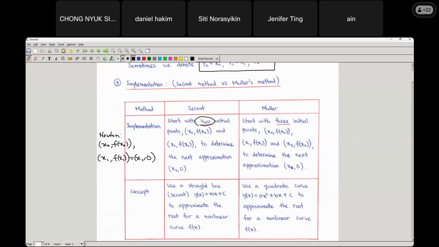So this is Newton's method. For the secant method, you have x0, f(x0), and x1, f(x1), and your f(x1) is not necessarily 0. So this is the difference.